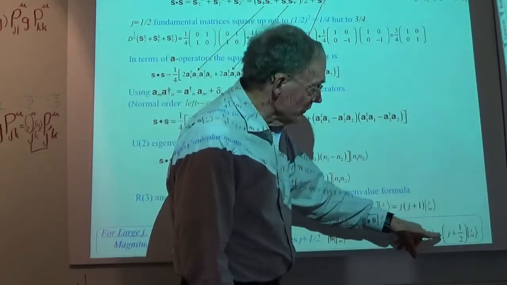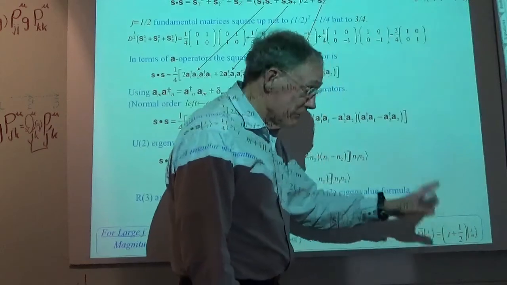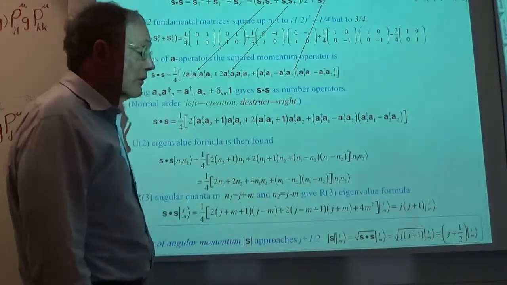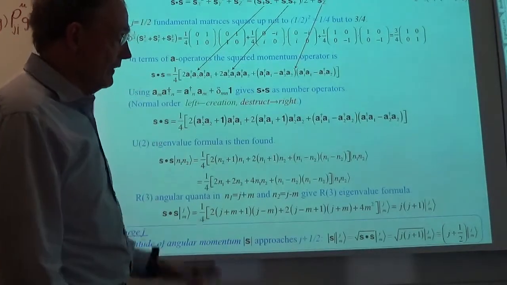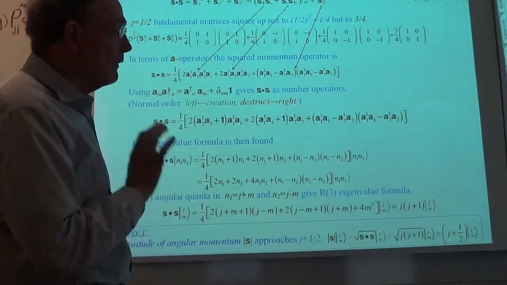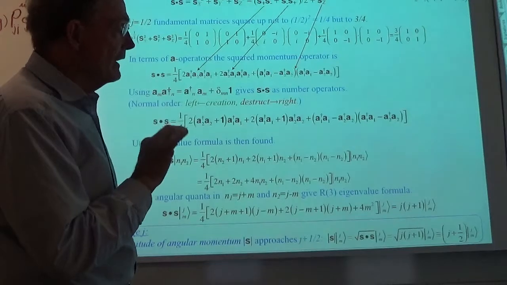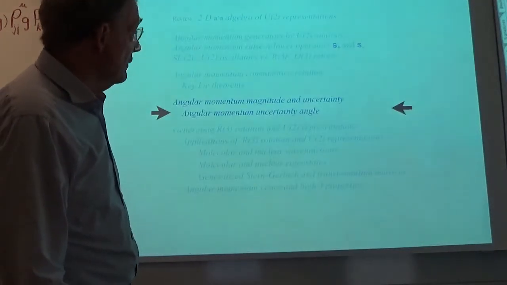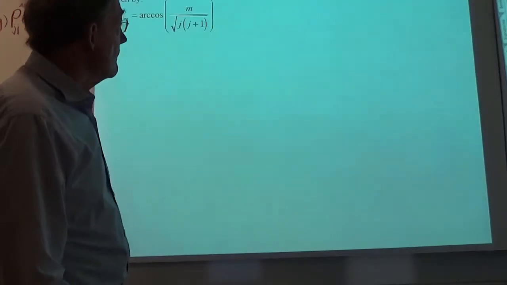The binomial theorem gives this very nearly, and it gets there pretty quickly as you go up to J plus 1/2. We're going to make use of that. That's an absolutely powerful piece of angular momentum lore right there. We're going to use that to evaluate a number of different things.